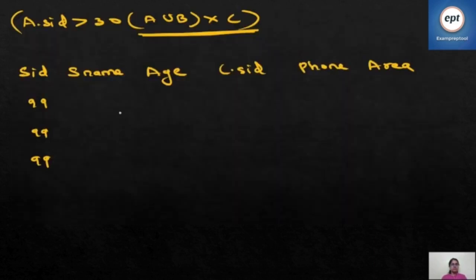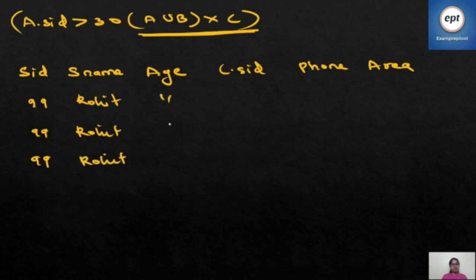So the tuples we will get are 99, 99, 99. The name will be Rohit in all the rows. The age will be 11. Now SID will be 10, 25 and 99.